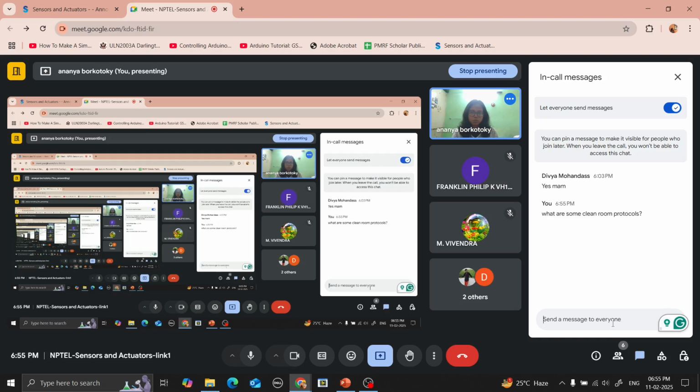I don't know how many of you have seen a clean room. There are images and videos that you can search, and in the lab videos also a clean room was shown. Different clean room protocols were discussed, so you can write a few of those.